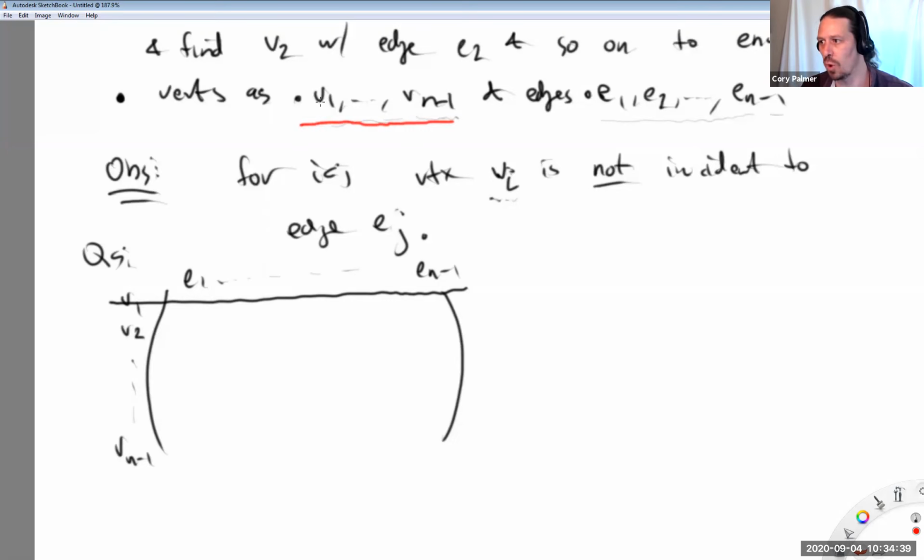There were vertices 1, 2, 3, 4 up to n minus 1, and now I gave them a name, v1 up to vn minus 1, and I did the same with the edges. What that's actually doing is just permuting rows and columns of this matrix so that I move v1 up to the top, v2 next, and vn minus 1 down to the bottom. So it's not a relabeling, it's just a shifting of the rows and columns to follow that ordering, okay?